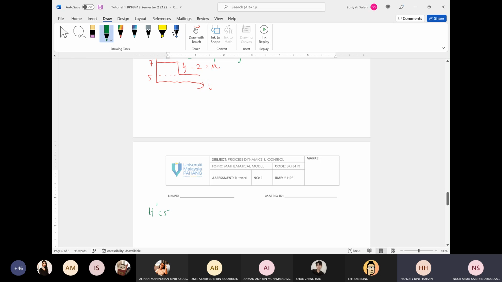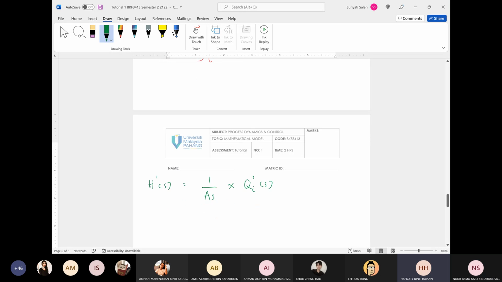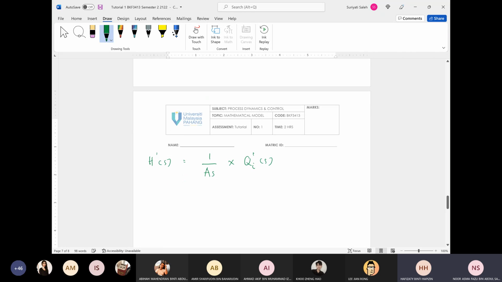H prime S equal to 1 over AS multiplied with the QI prime S. So now we know that the QI prime equals negative 2. So this is based on the step change. If we do the Laplace based on the step change, you can refer to table A1. Table A1, number 2, unit step.